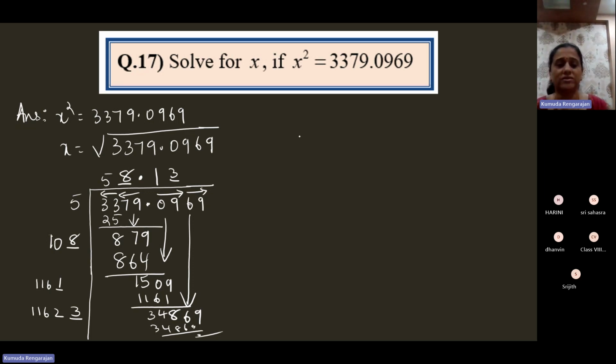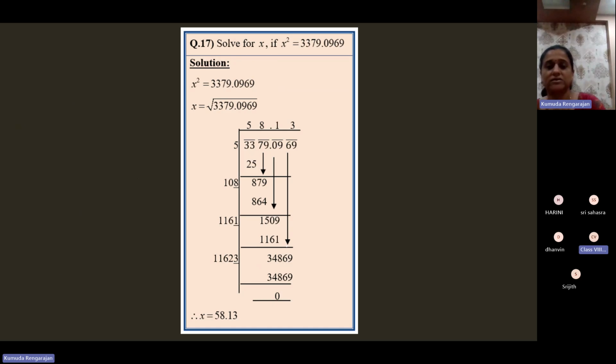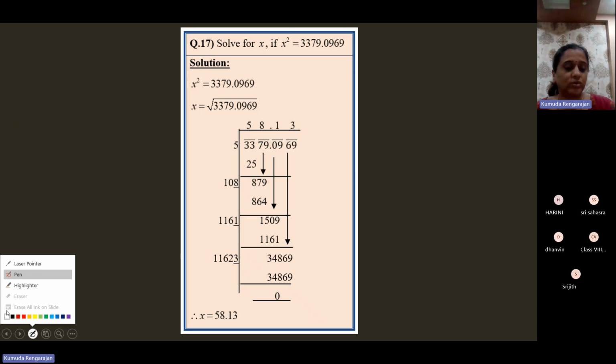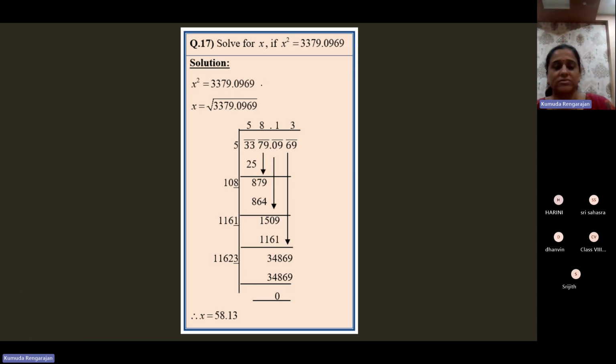So what is the value of x? The value of x is 58.13. Very good. So this one you'll have to present your answer in steps.